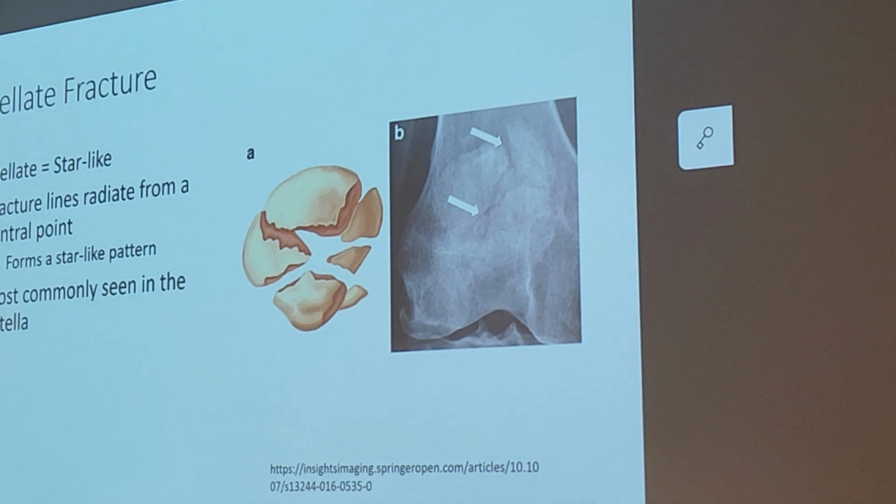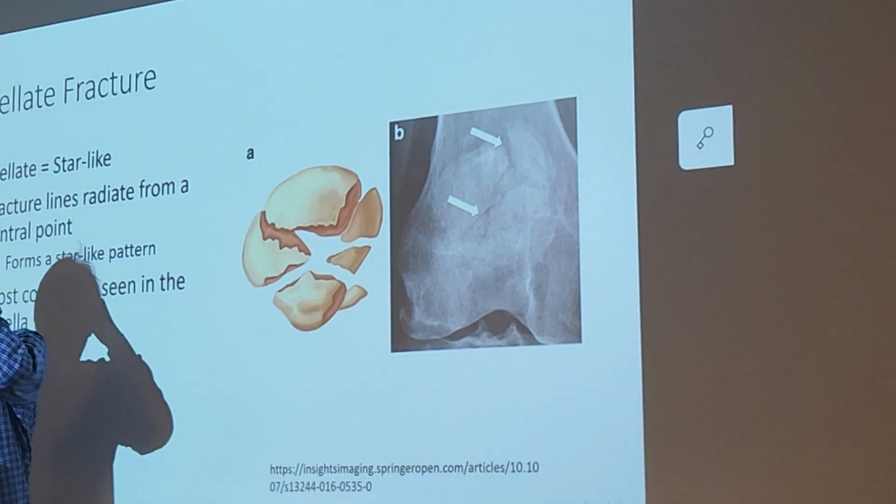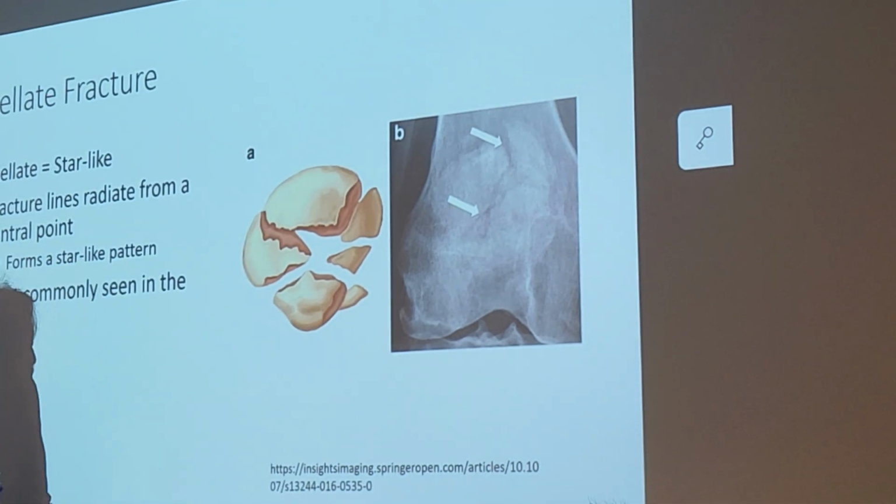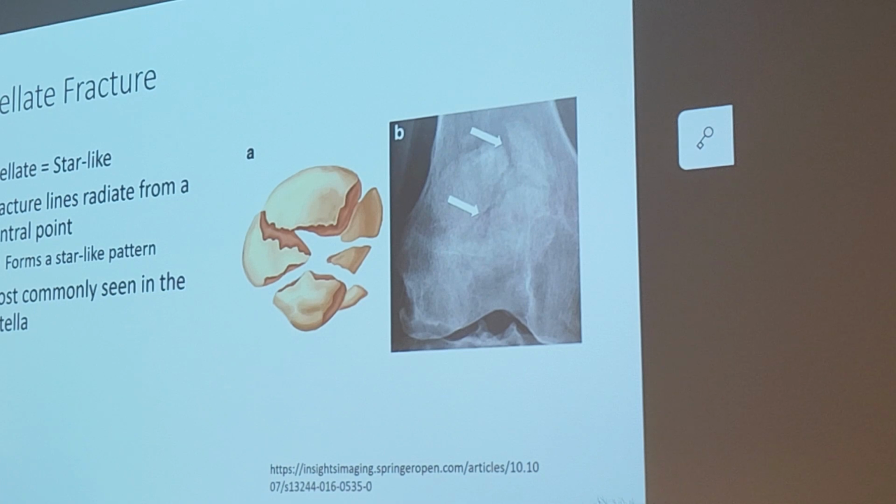So are there trauma views? Yes, we do have views of the patella. If the patella is fractured, please be careful and do not bend the patient's leg more than necessary.